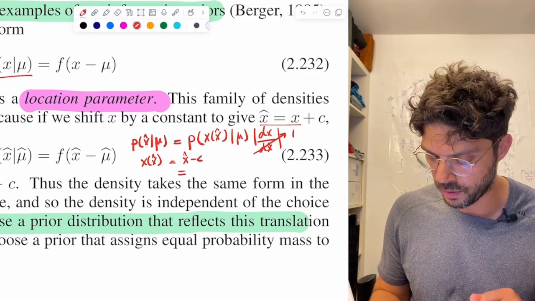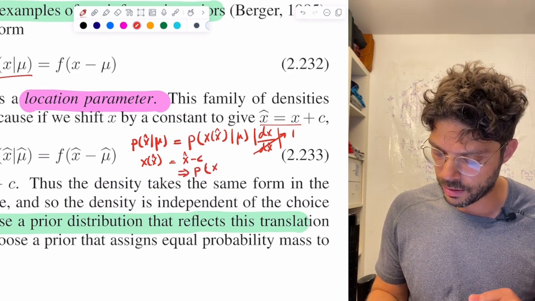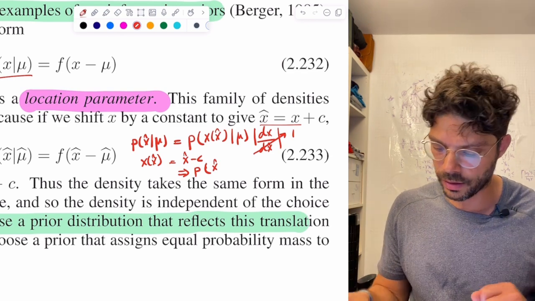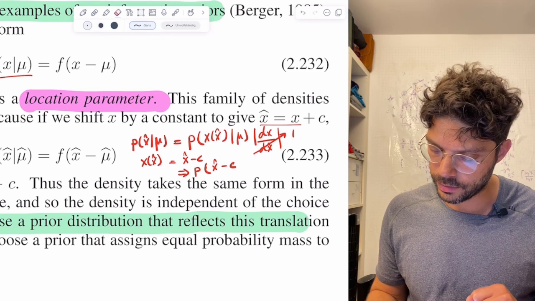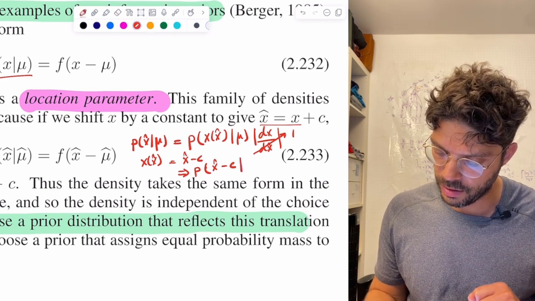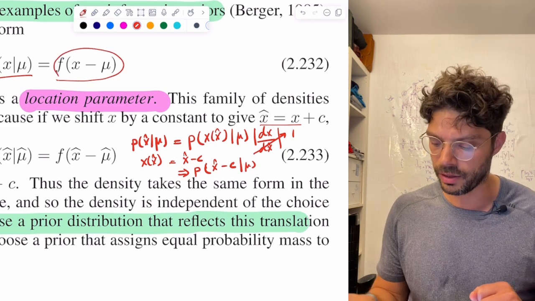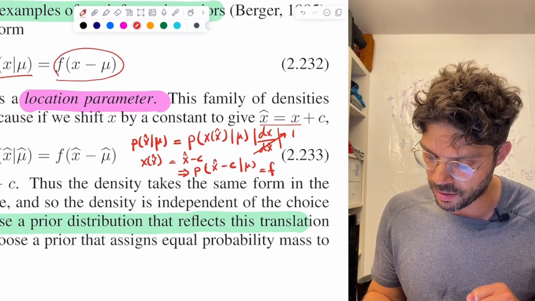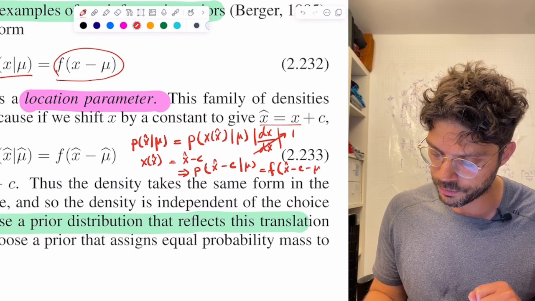So then we just plug that in. So we get p of, and this is the original p, this is p in terms of x, x hat minus c given mu. And now we use the fact that the probability has this particular form. So this is the same as p of x hat minus c minus mu.